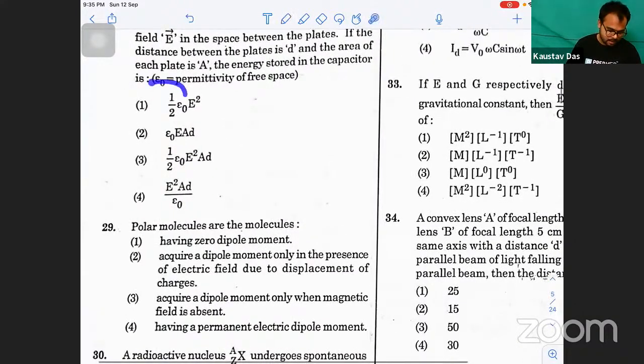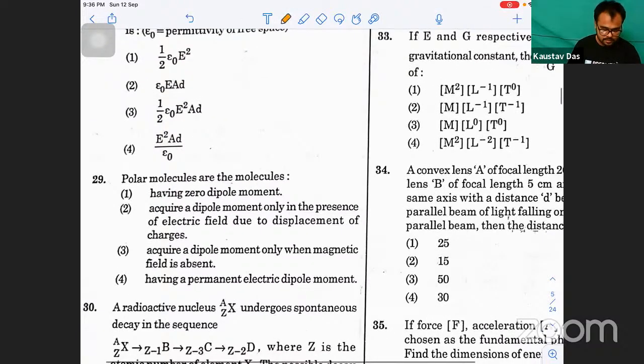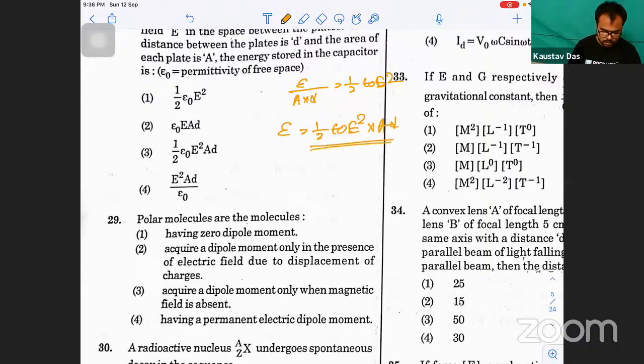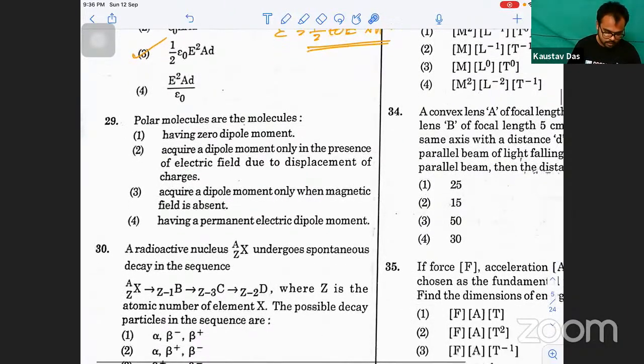If you gladly mark option number 1, it's going to be the wrong answer somehow, because energy density is the energy divided by the volume, that is A into D. But whenever you want to find out only the energy, it is half epsilon naught into E square multiplied with A and D. So here, as I can see, option number 3 is our correct answer. The energy you have to calculate, not the energy density. If it were the energy density, then option number 1 would be the correct answer. But here, option number 3 will be the total energy.